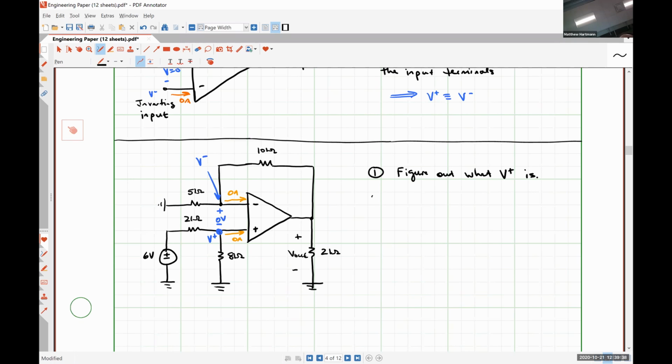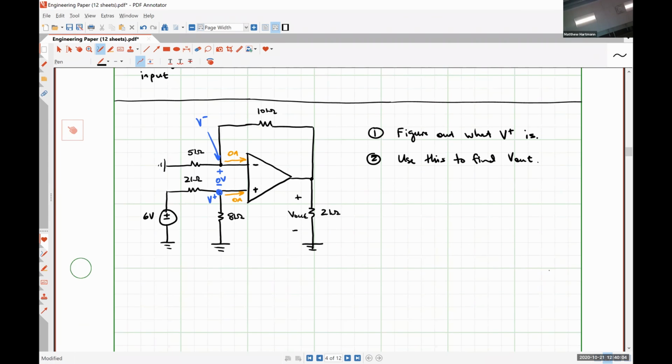And then step 2 is to use this to find V out. Those are really the only 2 steps in solving pretty much every op-amp problem I can think of. If you had a cascaded op-amp circuit, meaning you would chain multiple op-amps together, you would just repeat this for each of the op-amps in the chain. It's actually pretty easy stuff.